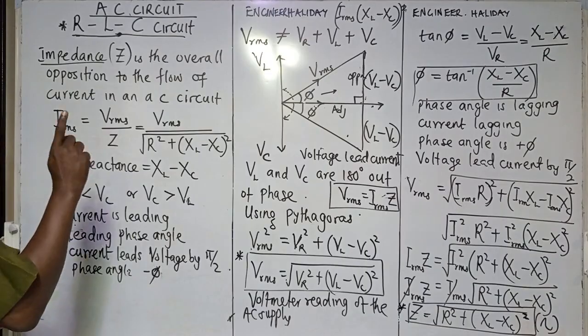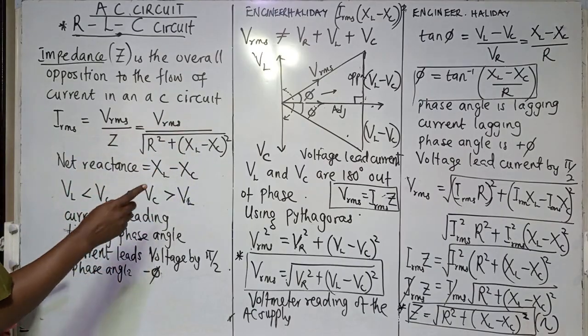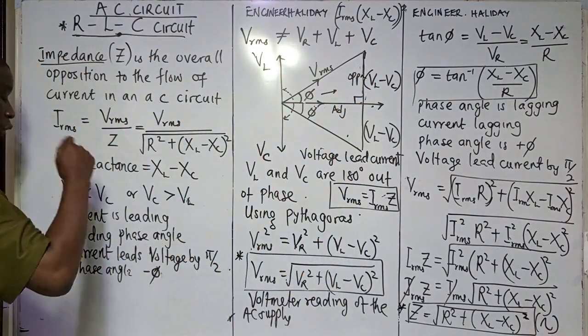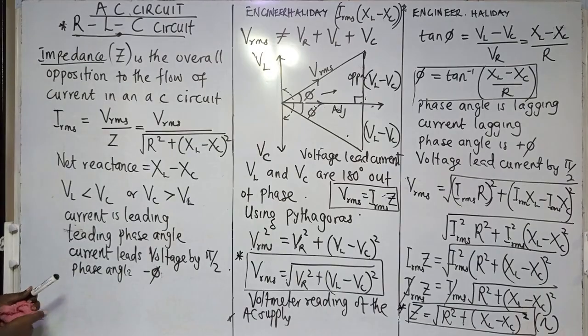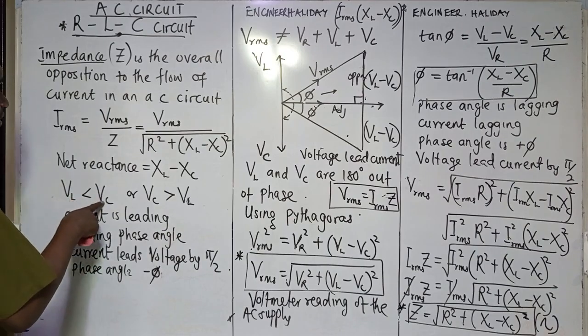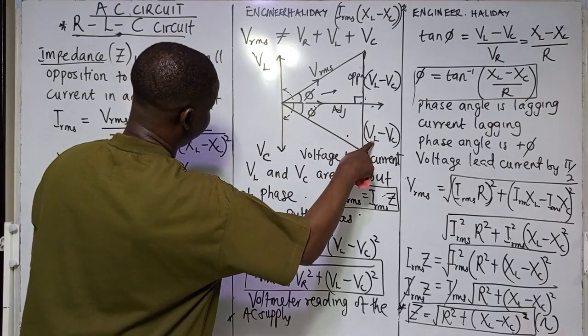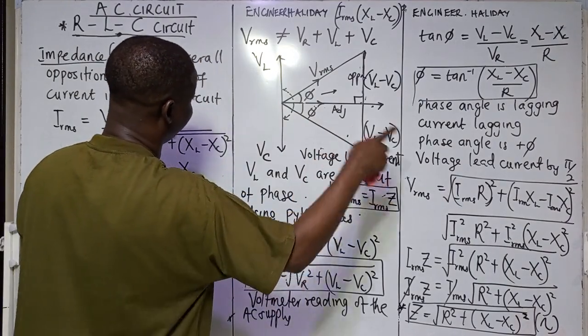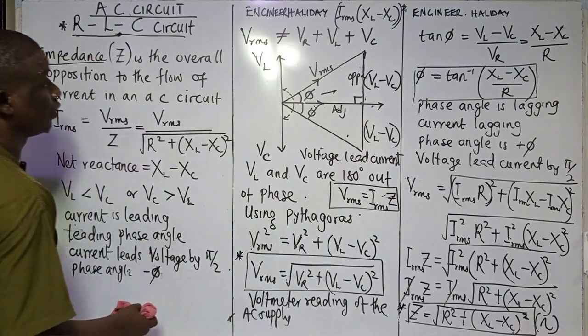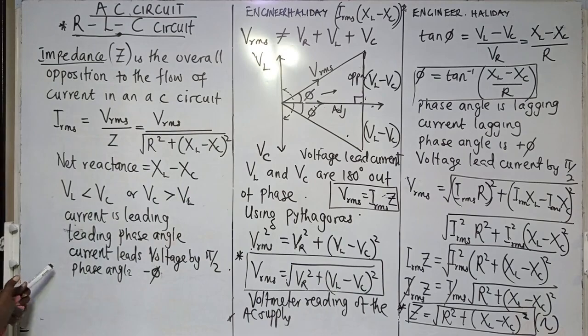Now there is something I'm emphasizing on the vector diagram, which I did for tan, but let me do it for cos. I've talked about when VL is less than VC, and when VL is greater than VC. But there's something I need to talk about, which is the power factor.